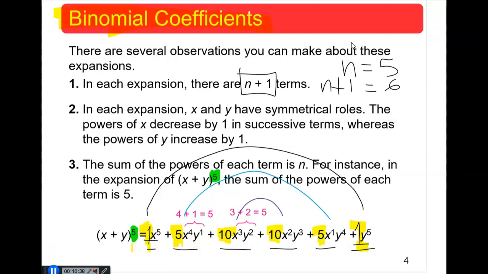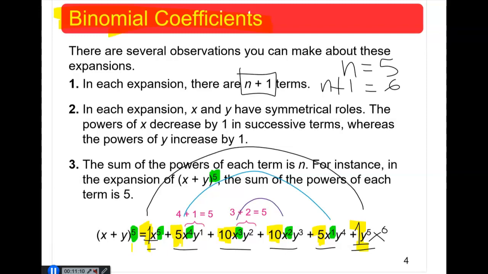The powers of x decrease by 1. As you can see, we start with the power 5 for x, and then the next term has a power 4. I'm sorry about that. In each expansion, the power of x decreases by 1. So you can see a 5, then a 4, then a 3, then a 2, then a 1, and then in the last term you cannot see an x, but there is actually an x to the power 0.